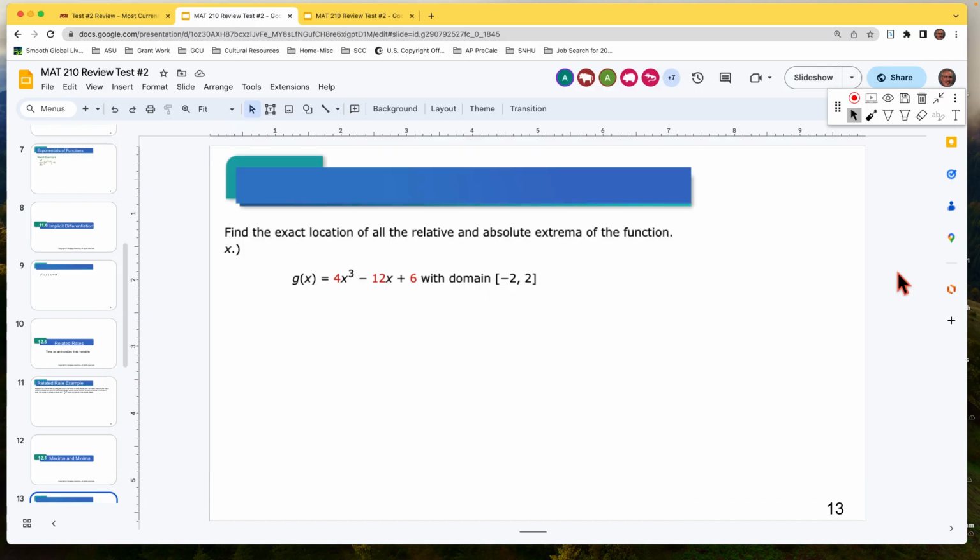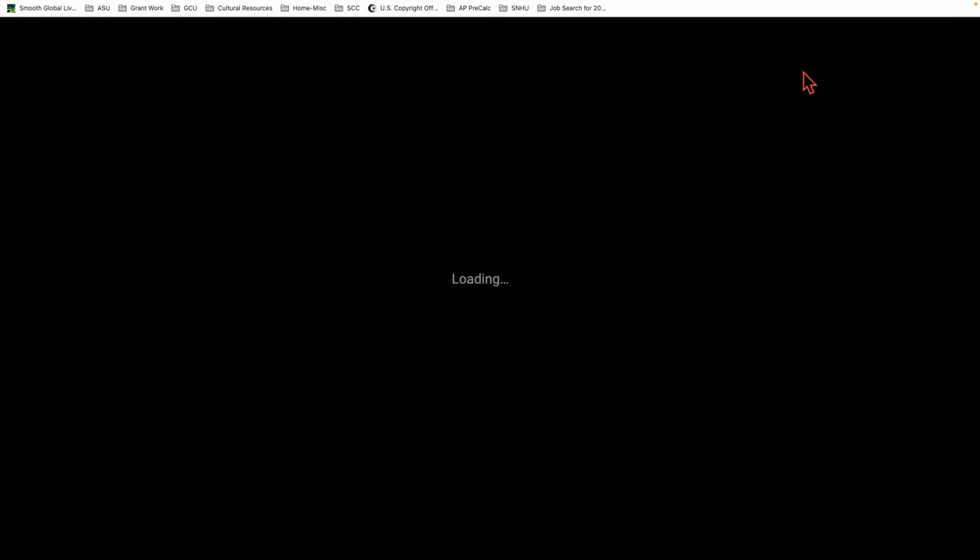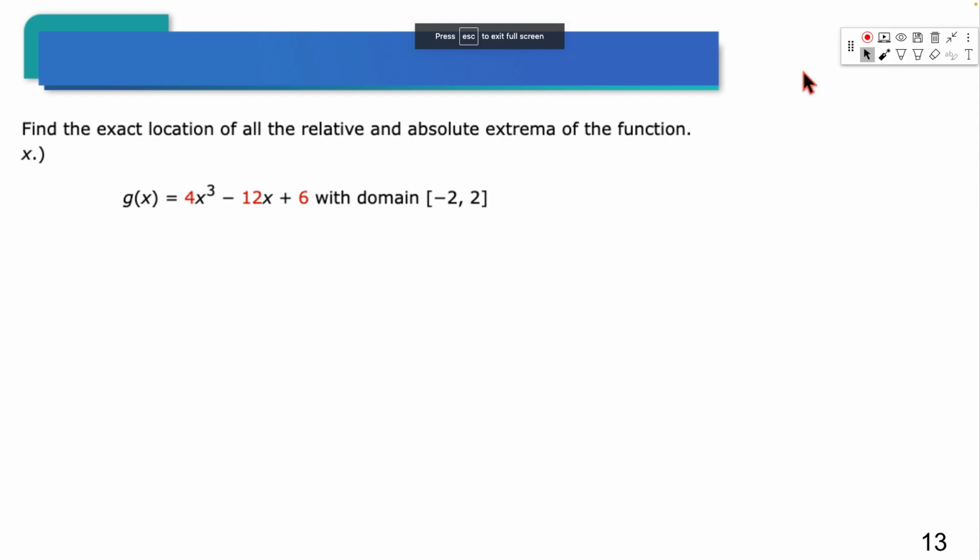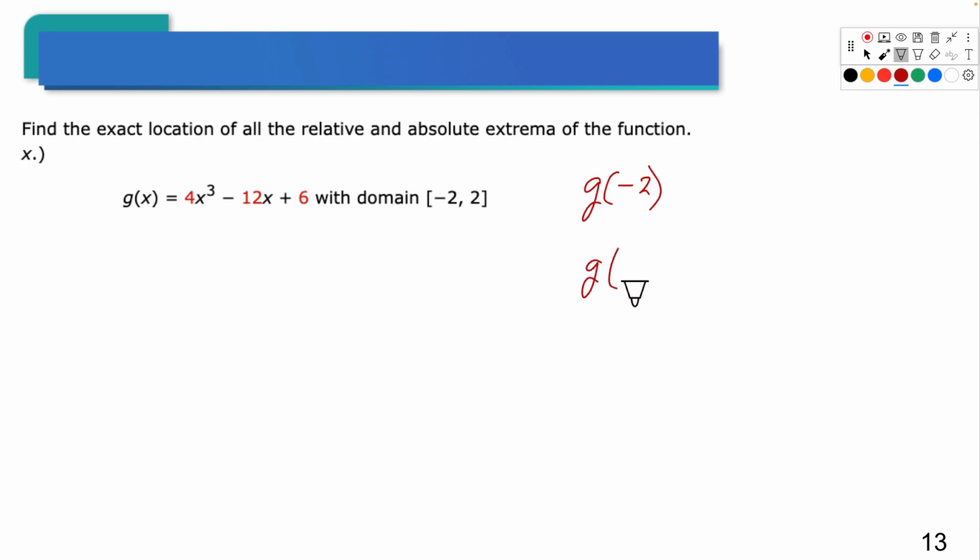So when I come back to, let's just go back to the slideshow. Hopefully, oh shoot, I deleted everything. I thought I chose the other one. Anyway, so we had g of -2 here. We figured out g of -1. So I've just got them in order.